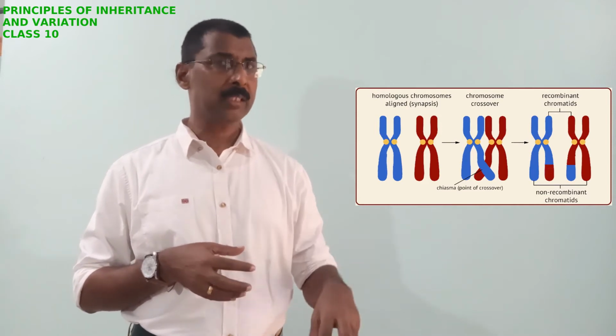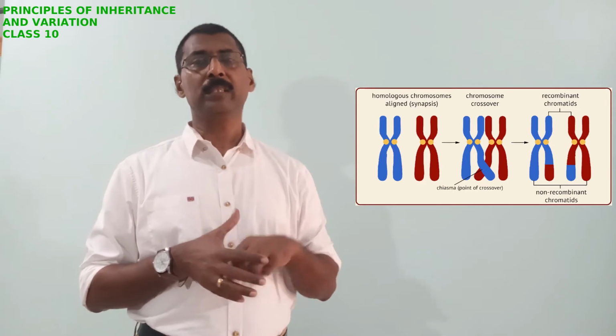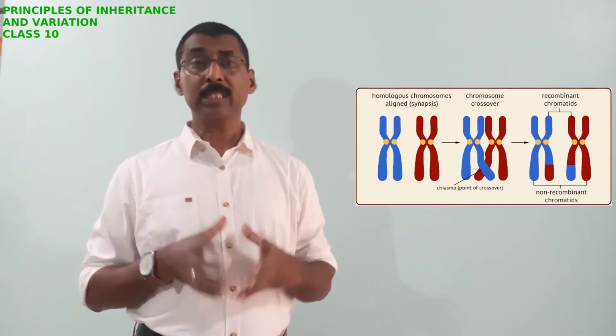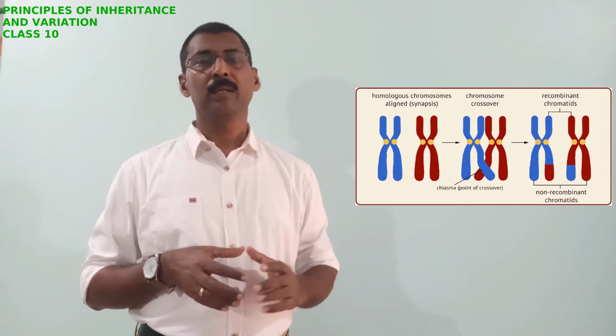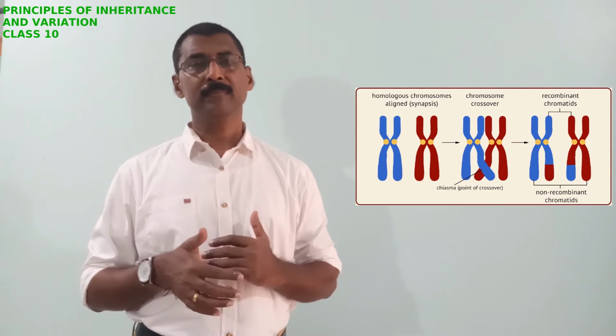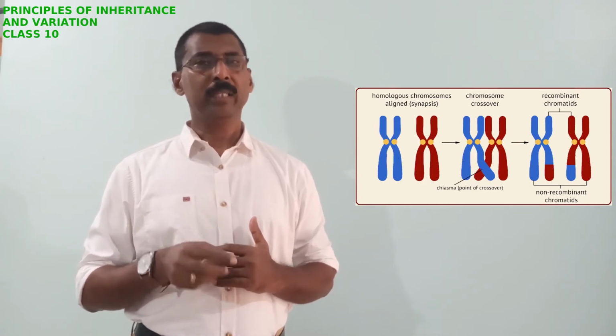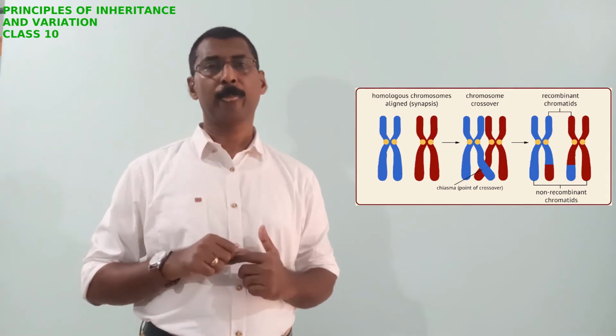And in the pachytene stage, as you had studied earlier, the non-sister chromatids of the homologous chromosomes cross each other, and the point where they cross is called the chiasma.